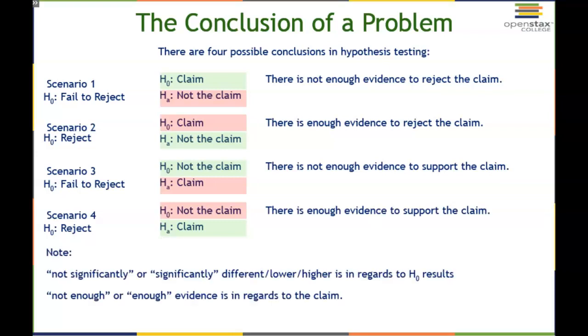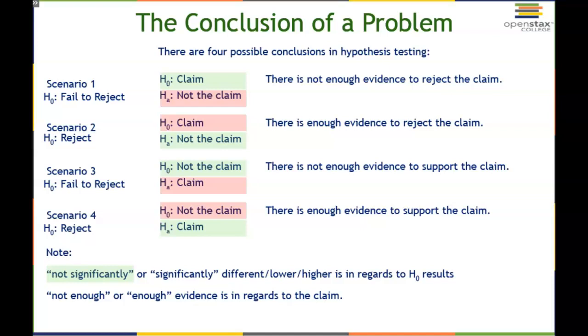Now your homework words things slightly differently, but I will say it uses not significantly and significantly in terms of the H0 results. If we're failing to reject, then our results are not significantly different, lower, or higher in regard to our H0.